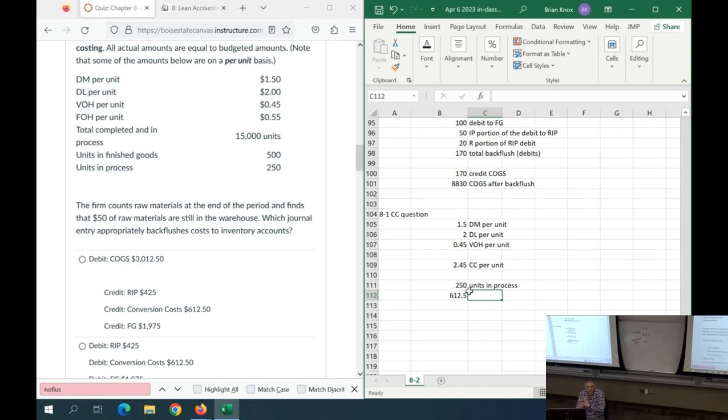We're rearranging the inventory accounts to make it more useful for a lean accounting setting. So conversion cost is now the portion of work in process that is conversion costs. The RIP portion, RIP of course, includes a raw part, direct materials, which is this $50, and it includes a portion of these units in process.